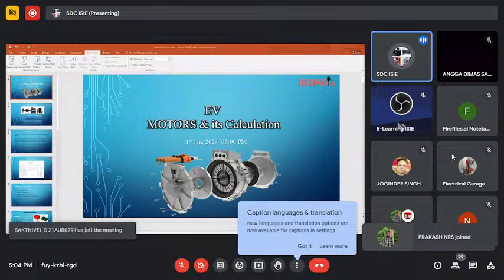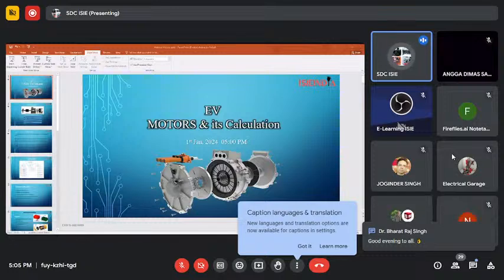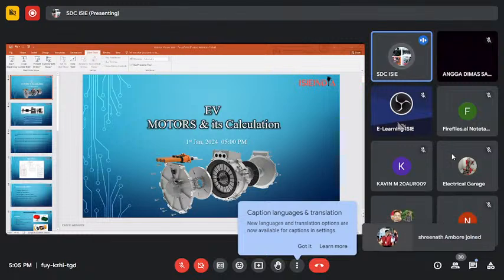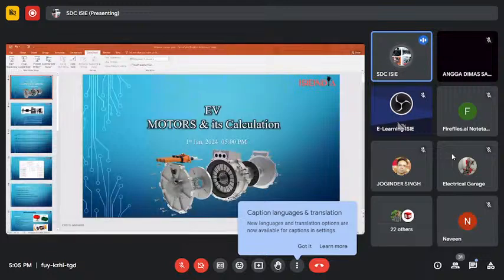Like that, a motor is the device which converts electrical energy into mechanical energy, because we can't run our electric vehicle with just the help of the battery, with just electrical energy. We need mechanical energy to rotate the tires and the drivetrain, right? Whichever gears are present inside the gearbox, we need to run those things, and those are all mechanical parts. So we need to convert electrical energy into mechanical energy.